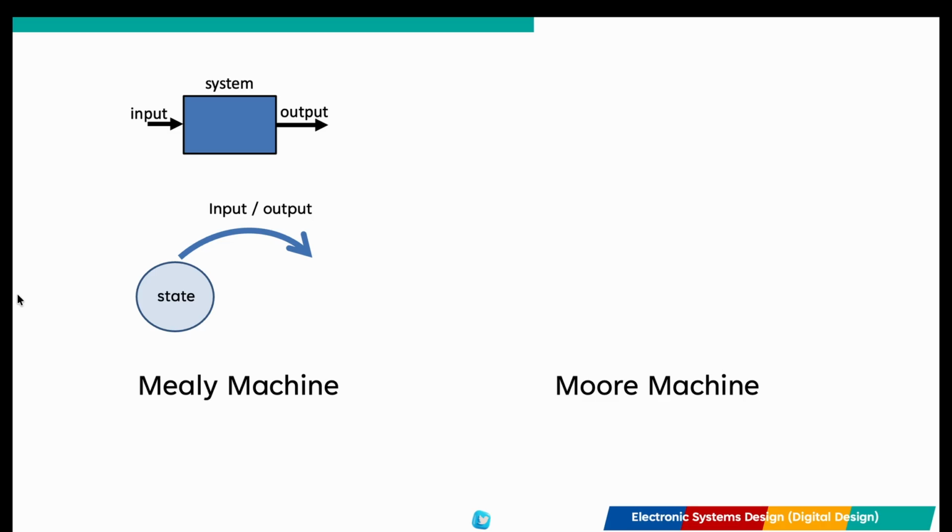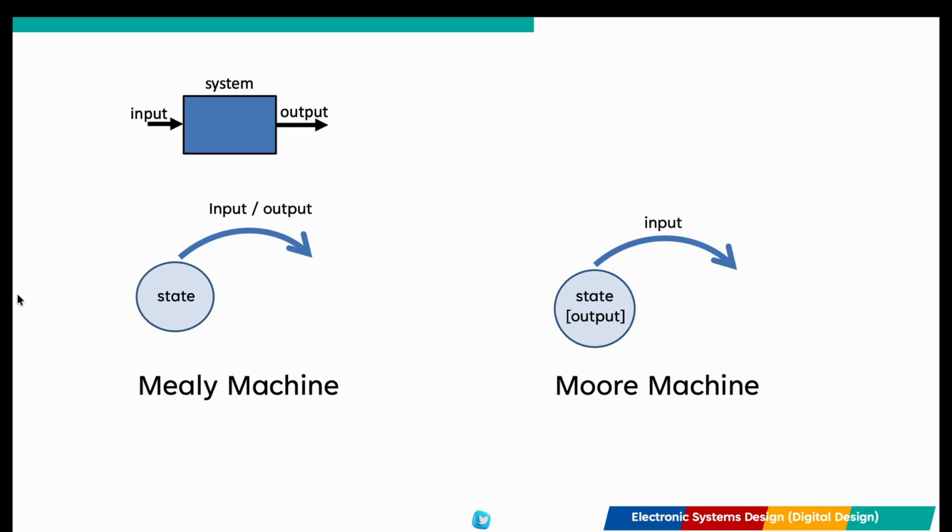Look at the state diagram here. When we are in the final stage and the last 1 arrives, the output triggers immediately on that transition. Because the output is tied to the input, Mealy machines often have fewer states and react faster. However, this can sometimes lead to glitches if the input signal is noisy, as the output is directly connected to the outside world. Now, let's look at the Moore machine.